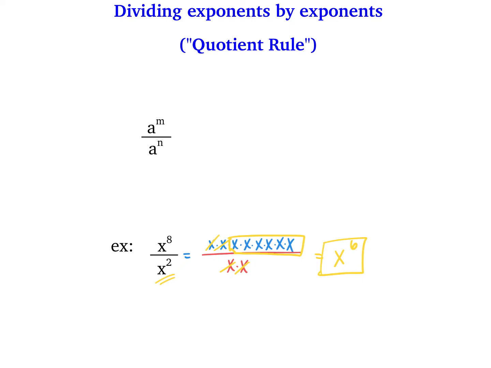What's happening here is, you've guessed it, we keep the base, and we subtract the exponents. Again, that denominator is taking away from the numerator. Shorthand way of saying that, a to the m over a to the n would be equal to keeping the base of a, subtracting the exponents m minus n.